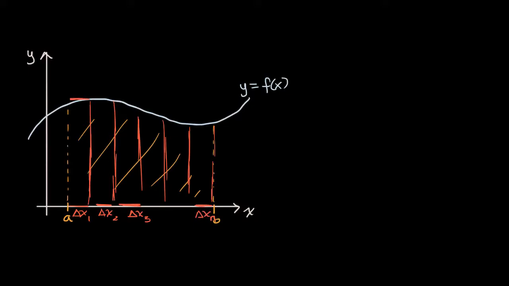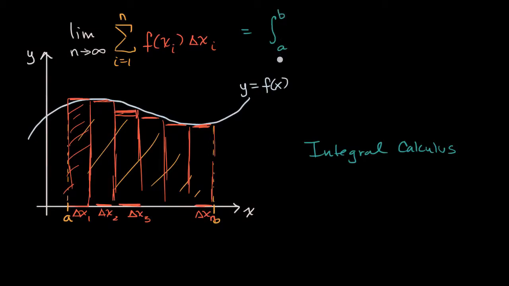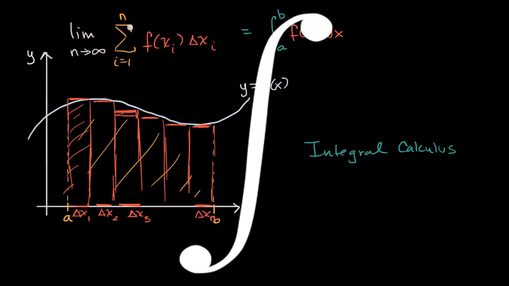Take note, as delta x gets smaller and approaches 0 in width and n approaches infinity, the area under the curve approaches the true answer. Taking the limit of the area as n approaches infinity gets a better approximation. The symbol for integral is like the letter S to represent the idea of summing slices.